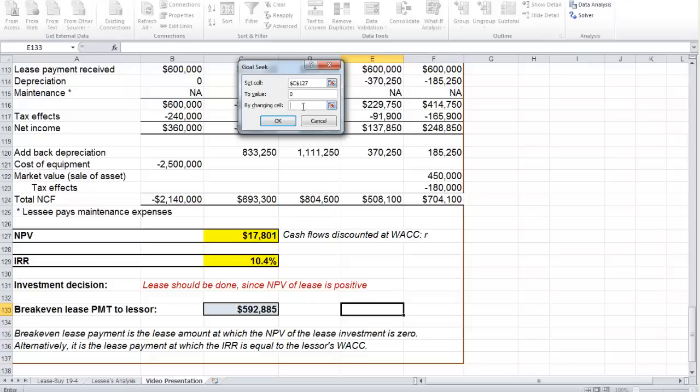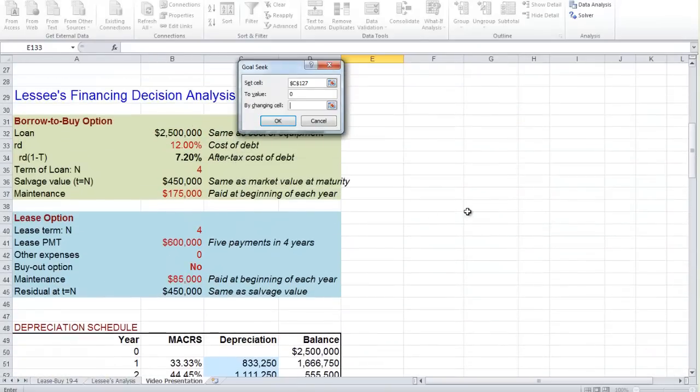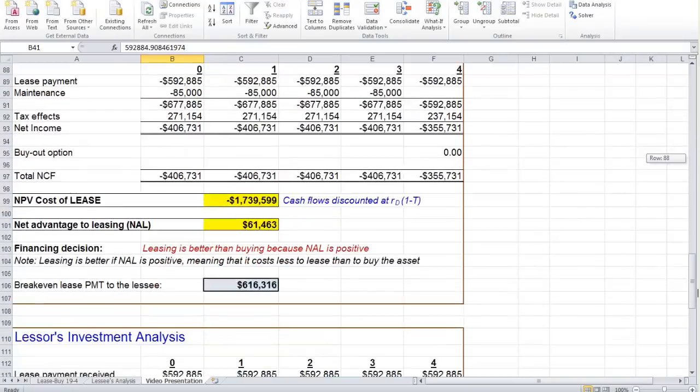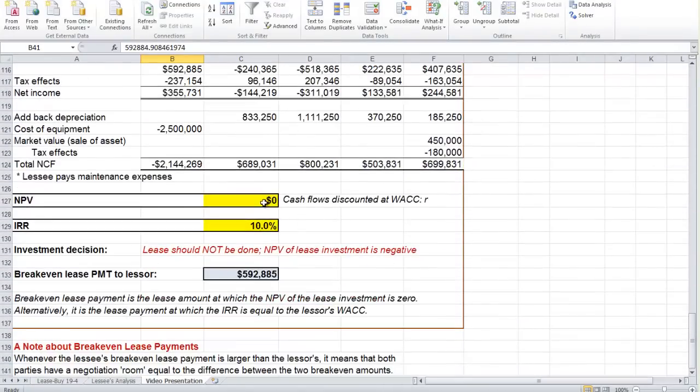And then by changing, we go up here, the lease payment, and OK, and OK. So that's $592,885. So as you can see, at that lease payment, NPV is 0.